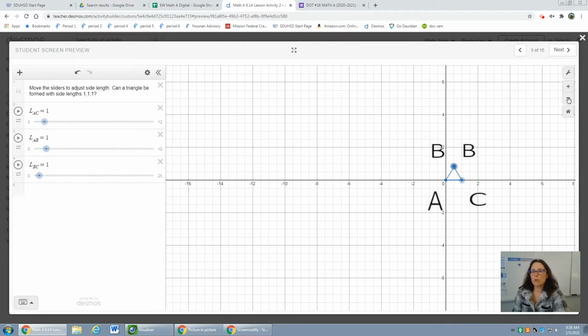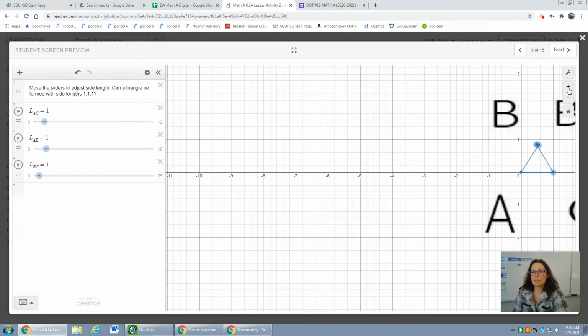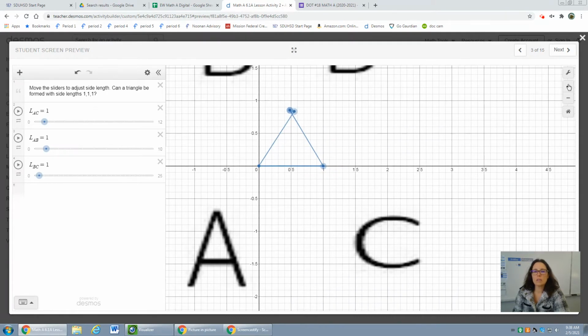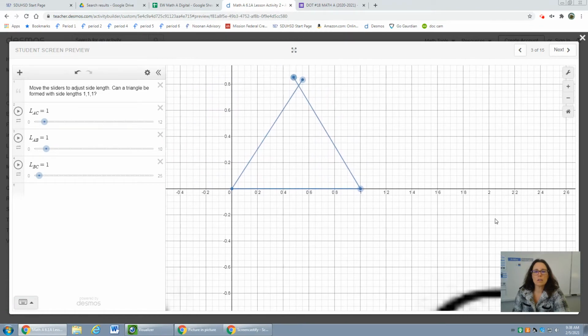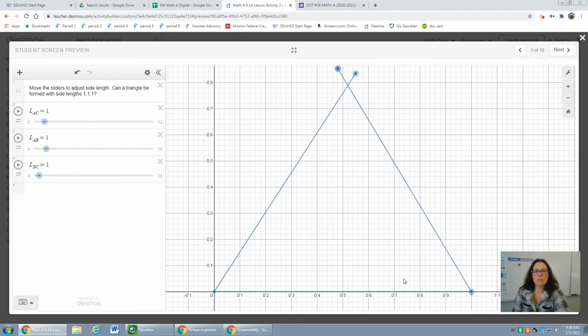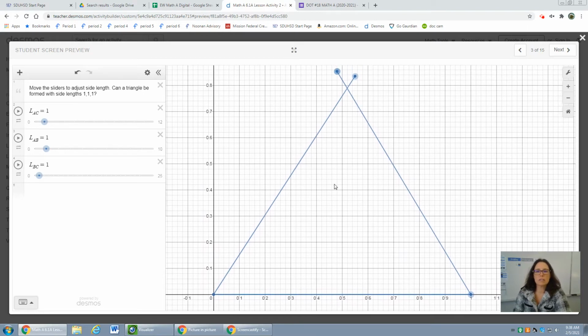And I'm going to blow this up so we can really see. Let's see, did I go too big? That's probably good. All right, so these are side lengths 1, 1, 1.